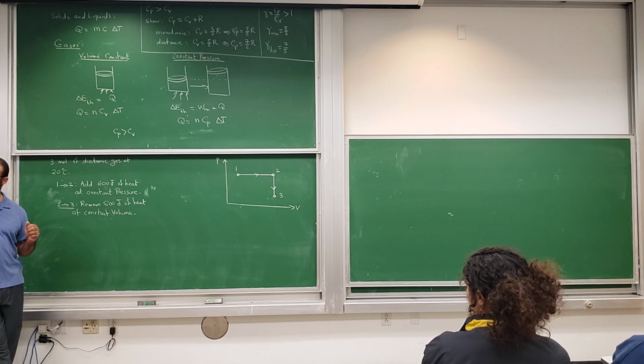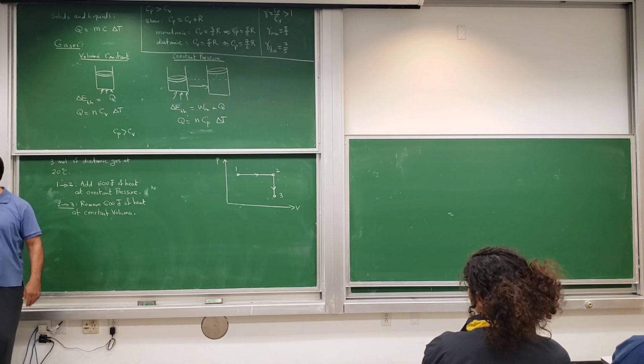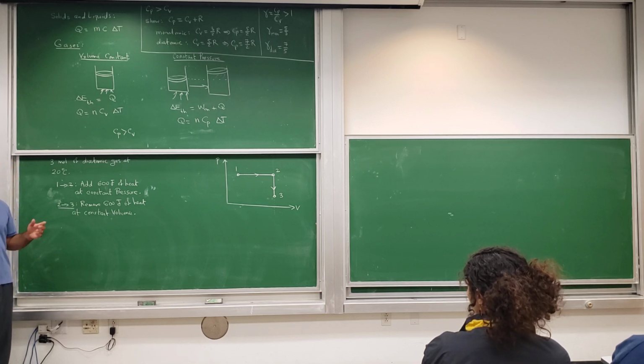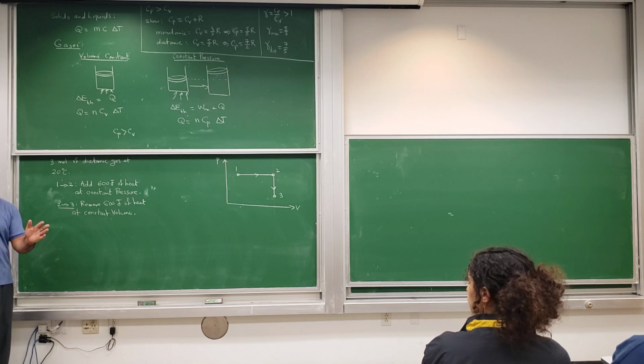There's almost a consensus. Everybody said it would be less than 20. The answer is it would be less than 20. The math would tell us so. When you add heat at constant pressure, you do increase the temperature.